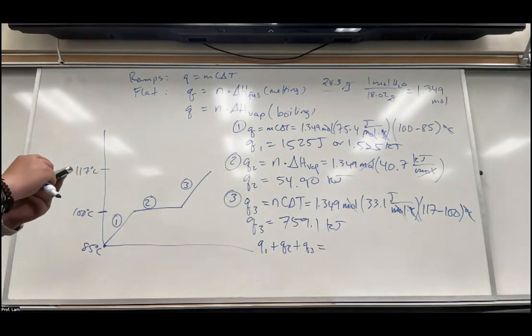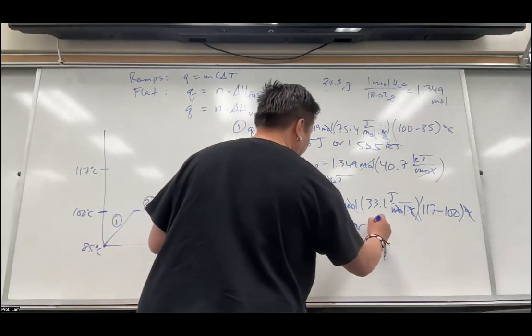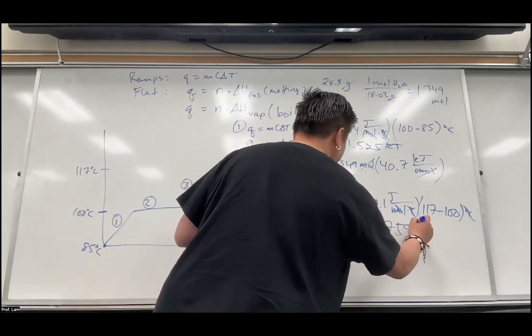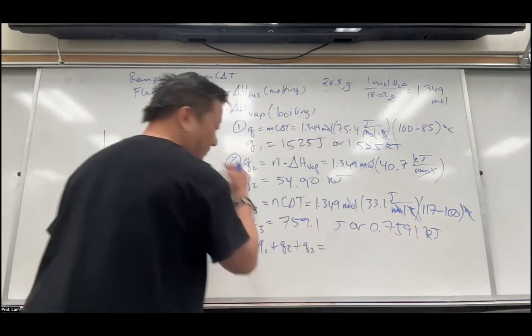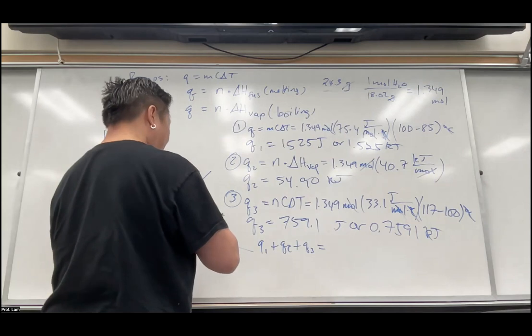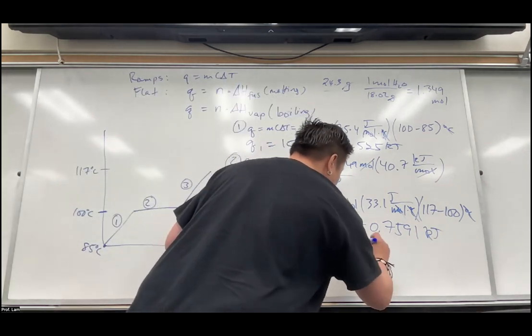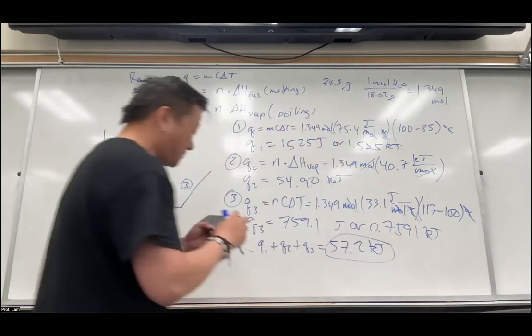Let me see, my Q3 may be off. Let me check. Oh yeah, this is in joules, or 0.7591 kilojoules. Okay. So my answer is going to be 57.2 kilojoules, with some rounding. Right?